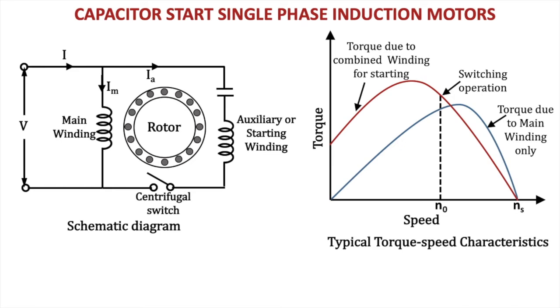Here again you can see the red one is the actual torque characteristic with the starting and the main winding combined, but the blue one gives you the torque only due to the main winding. Almost near the point of intersection, where the motor can be pulled to stable operation, the switch operates and the motor starts operating in the stable operating region.